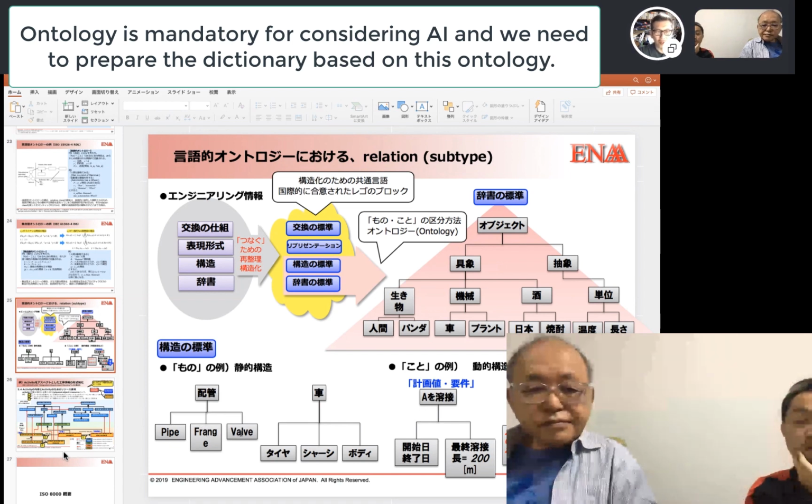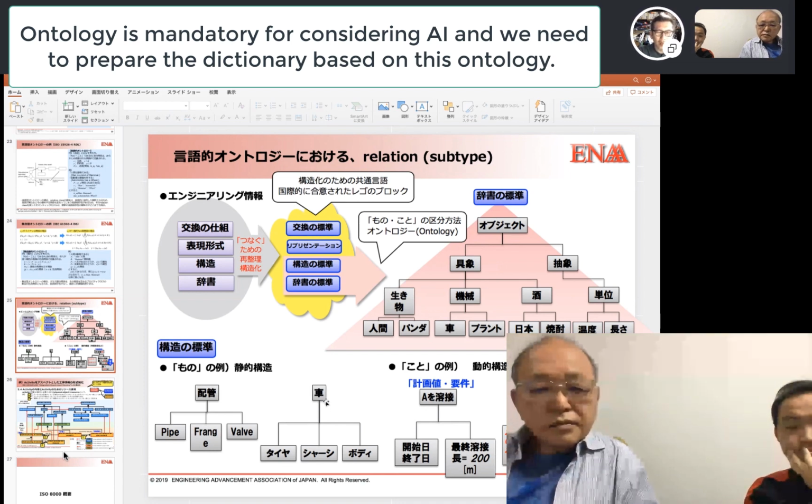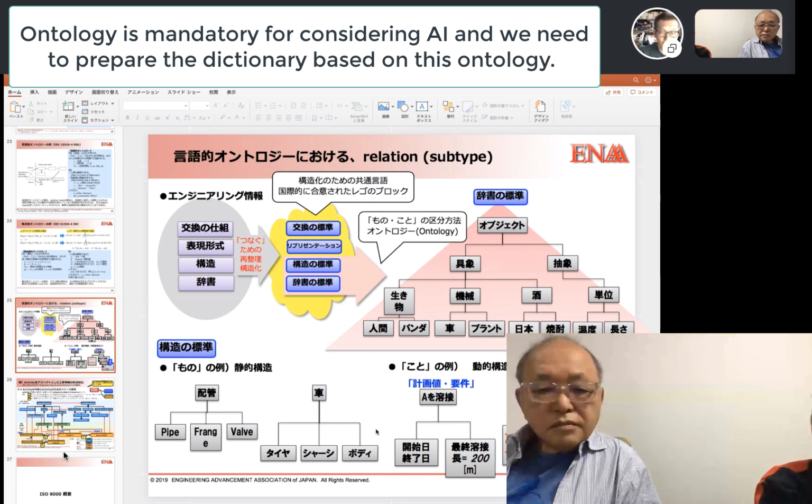This is the construction, structure, constitution, composition. And in the case of a car, as I already explained, a car consists of the tires, wheels, chassis, bodies, and so on. This is also another good example of composition.